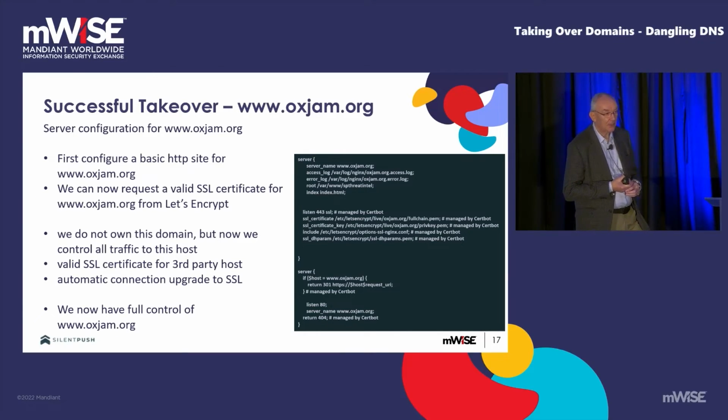And then Let's Encrypt also has a very handy command line tool that automatically modifies our server configuration to include the SSL certificate and upgrade all of the connection traffic to SSL. When you connect in your browser, you would have your green icon or whatever it is in your browser to say this is a fully valid domain certificate for this particular host, www.oxjam.org.